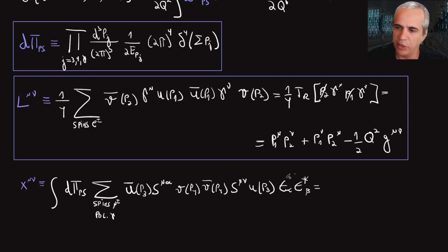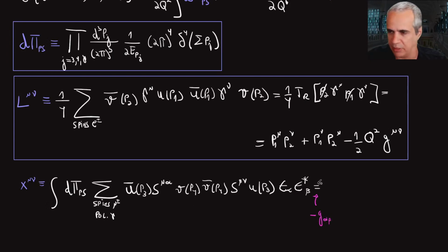And we know that once you sum over the polarizations, you can use a trick, because of the Ward identities, that you can exchange the sum over the polarization for minus g alpha beta here.